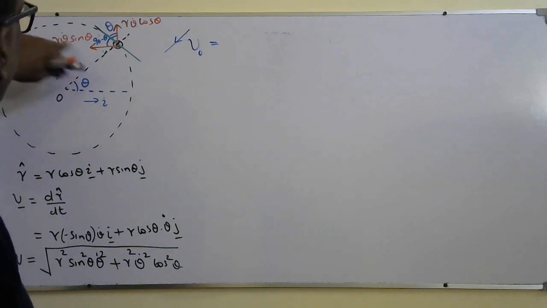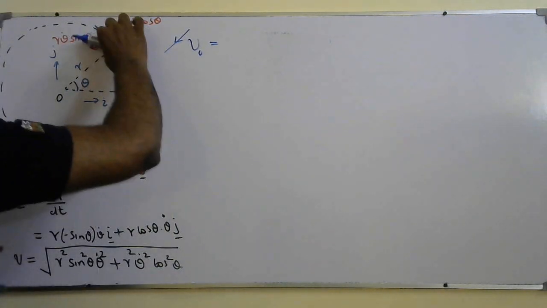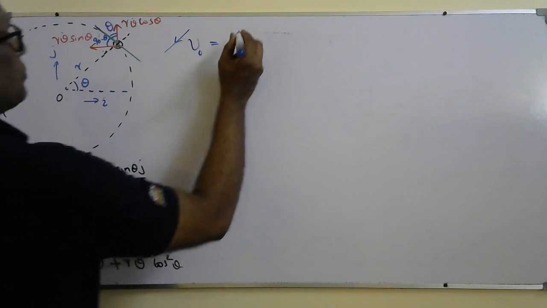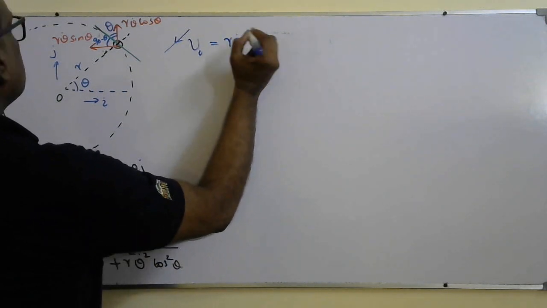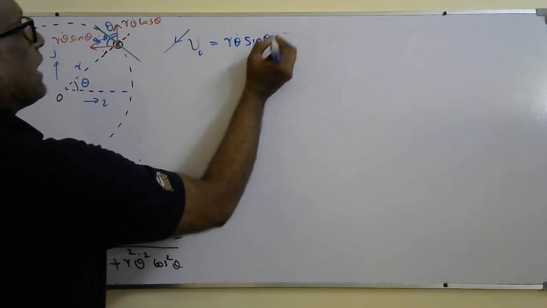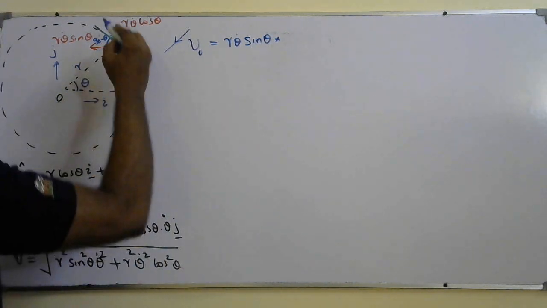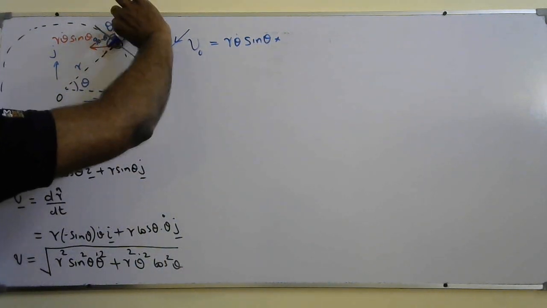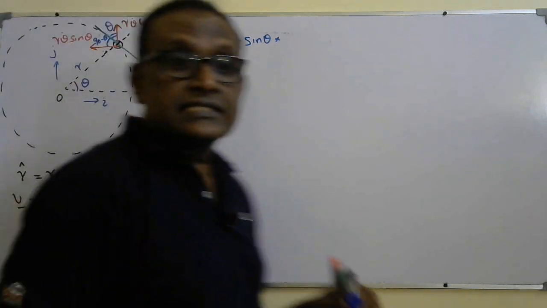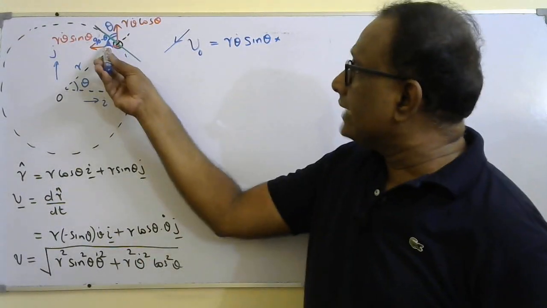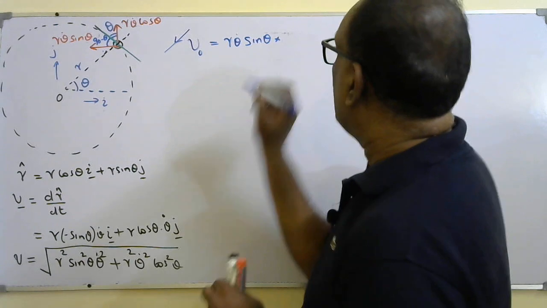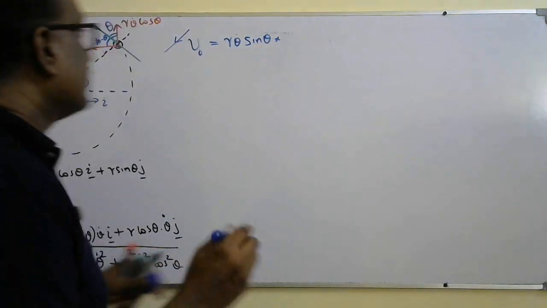I should resolve r theta dot sin theta times sin(90 minus theta), since this should be resolved perpendicular to the tangent, that means along the radius. Sin(90 minus theta) is cos theta. So r theta dot sin theta cos theta.